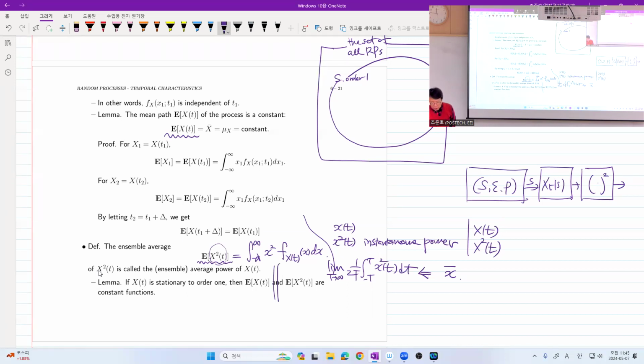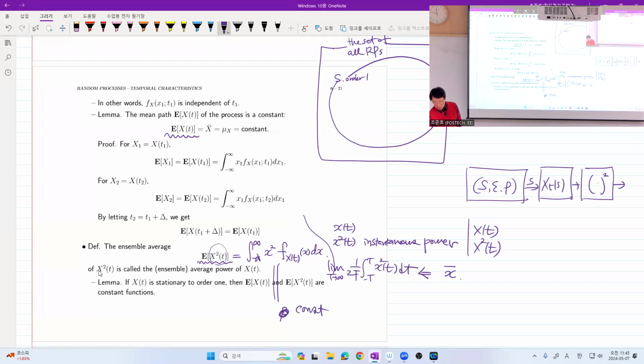So here goes the result. What about this one? The ensemble average power of a stationary random process to order 1 is what? Again, this PDF does not change. What does that mean? It's a constant function of t, which means it's constant.